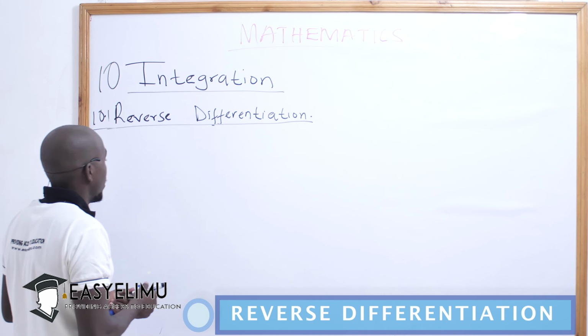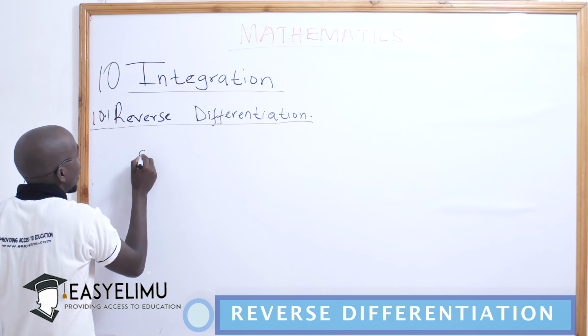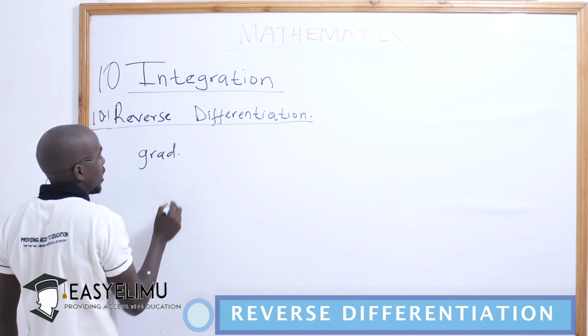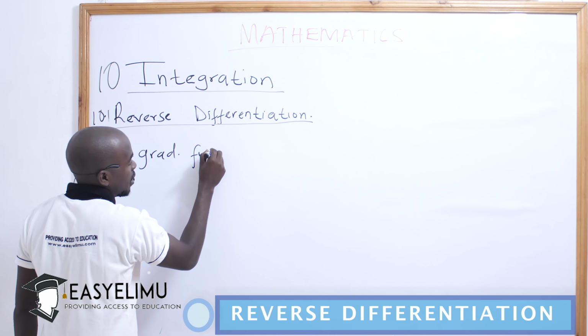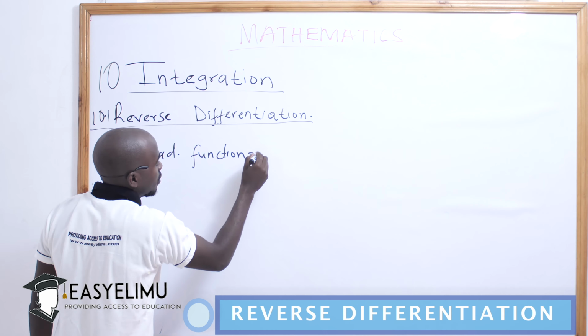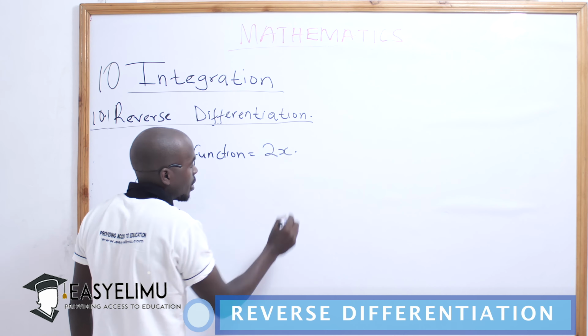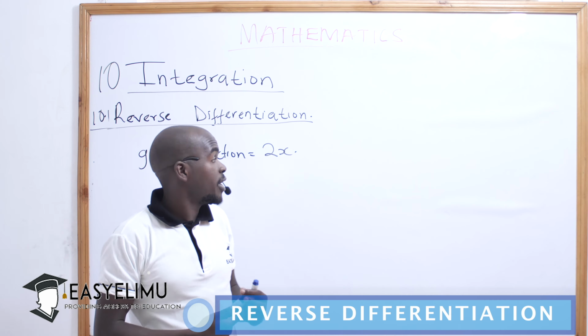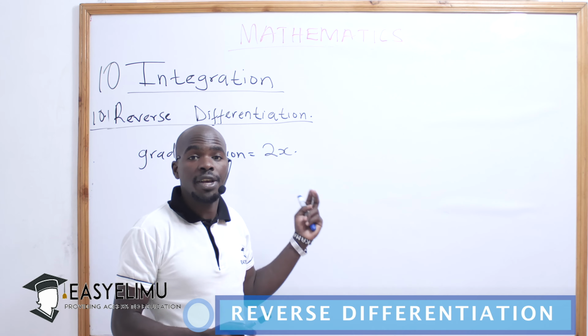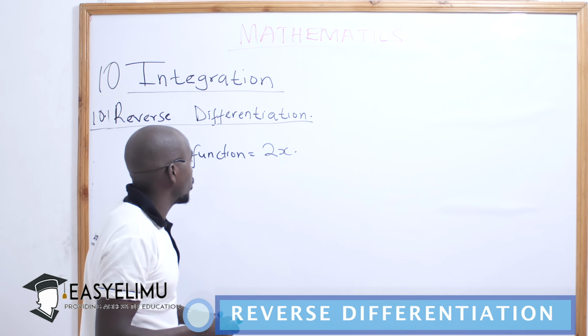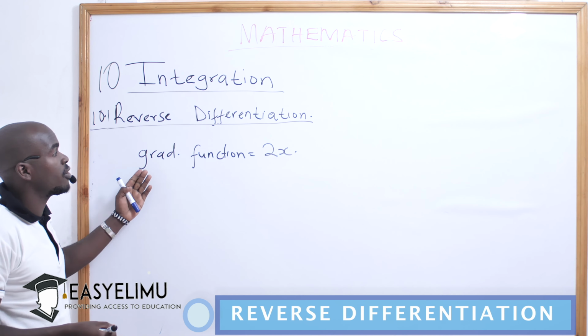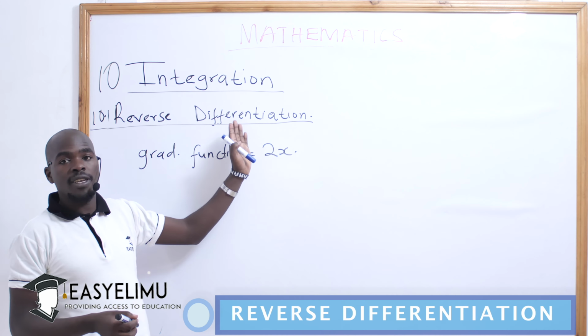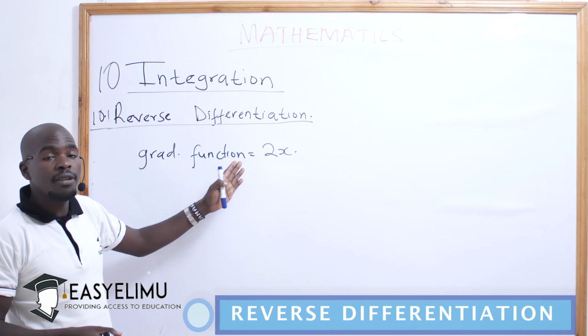For instance, being given a gradient function as 2x and asked to find the equation of the function which gave rise to this, it means you have to reverse differentiate the gradient function.